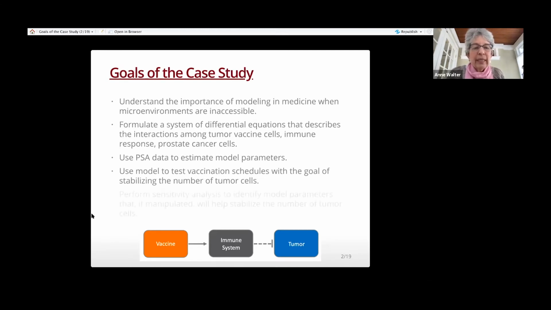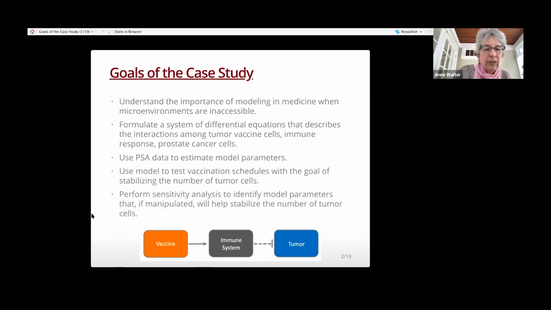So how much vaccine, what is the vaccine schedule, and will that actually stabilize or decrease the number of tumor cells? We use sensitivity analysis to decide whether or not the parameters that we're using in our model are sensitive or not, which ones we should pay attention to, and which ones might help us decrease the number of tumor cells.